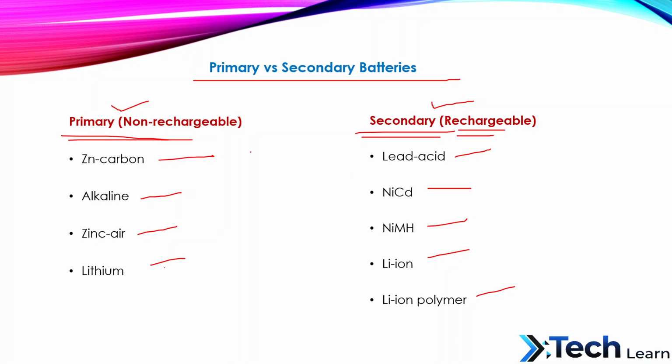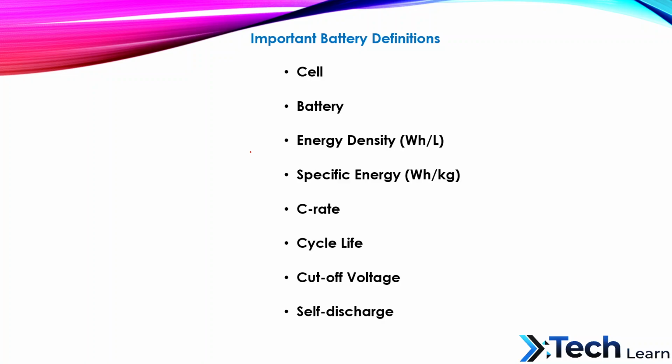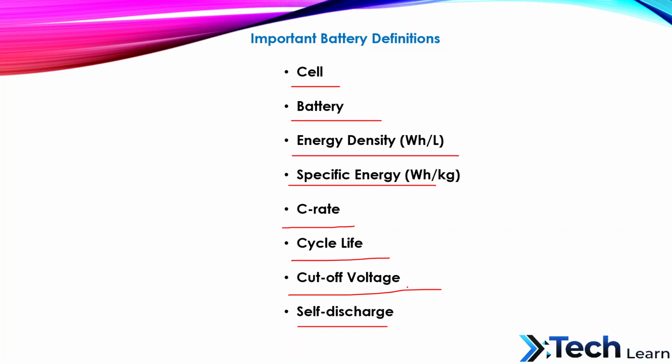Now, we need to see the important battery definitions. Here you can see: cell, battery, energy density, specific energy, C rate, cycle life, cutoff voltage, and self discharge.